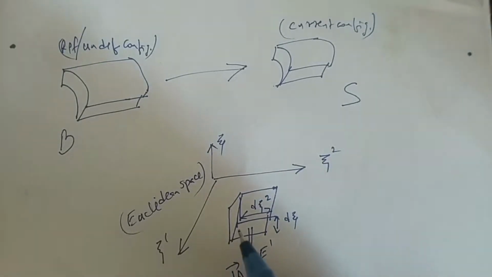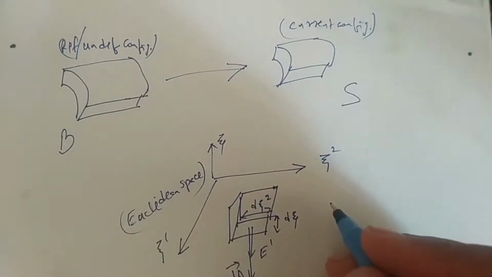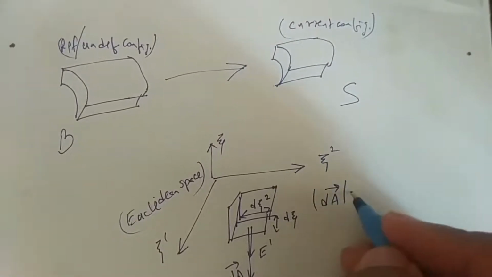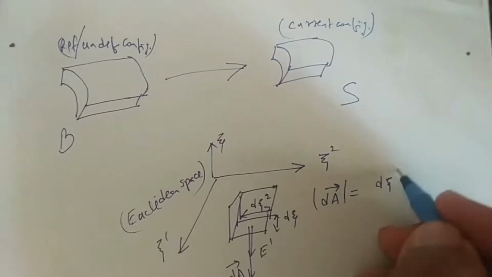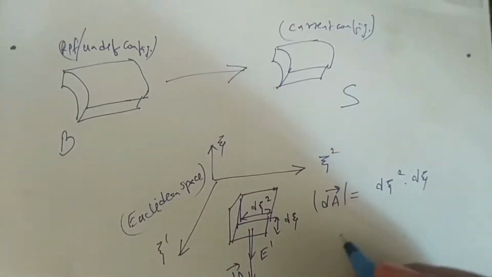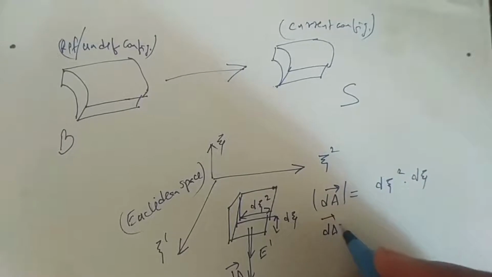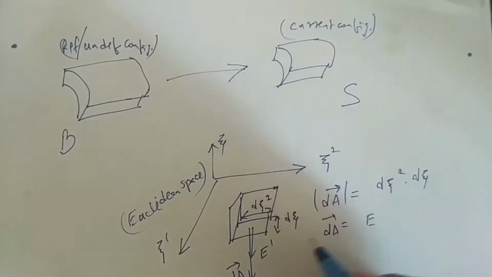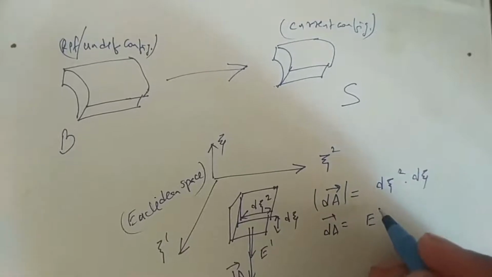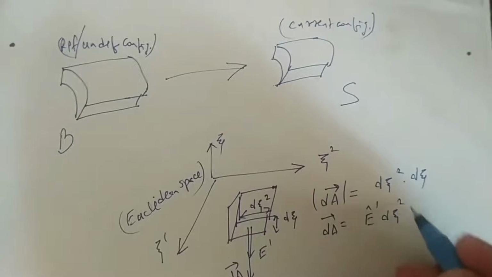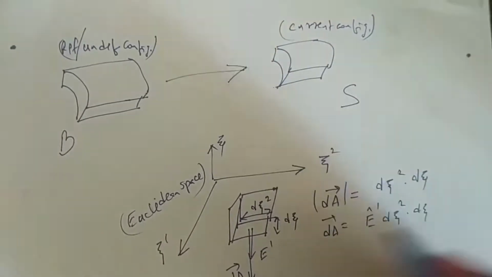Now if we want to write this dA vector magnitude, it will be d zeta 2 times d zeta. Or the dA vector, if you want to write, will be nothing but the unit vector along the dA vector, e1 hat, times d zeta 2 times d zeta. So this is the dA vector.